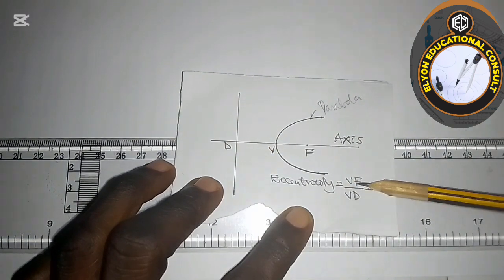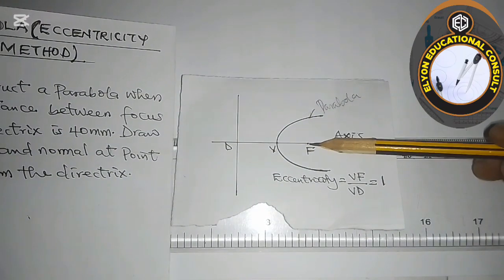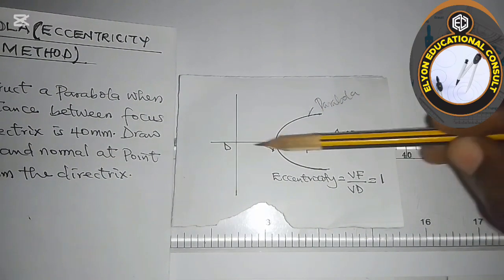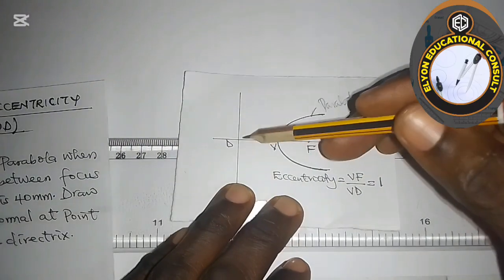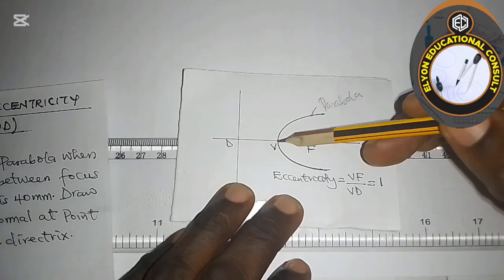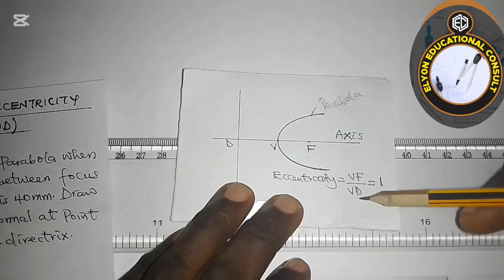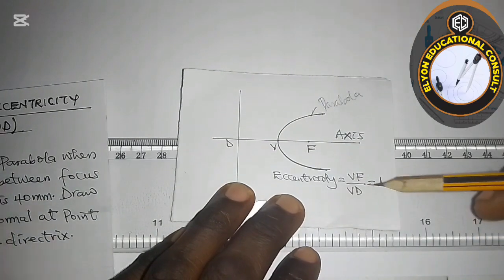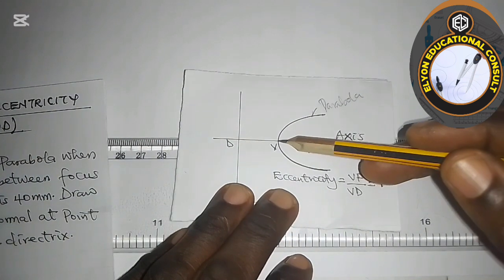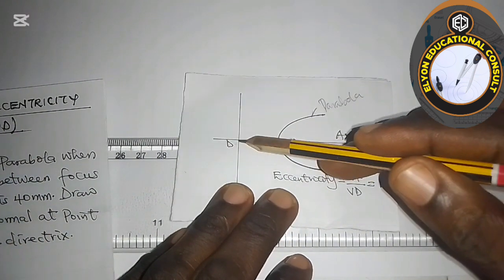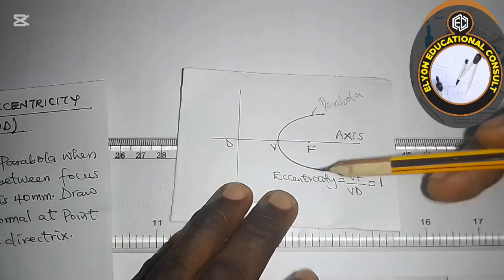For this question, DF is 40, so VF is 20 and VD is also 20. That gives us 20 divided by 20, which is 1. So the vertex is always in between the directrix and the focus. Please take note of that because we are going to make use of it in this construction.